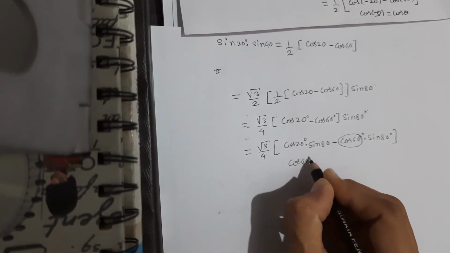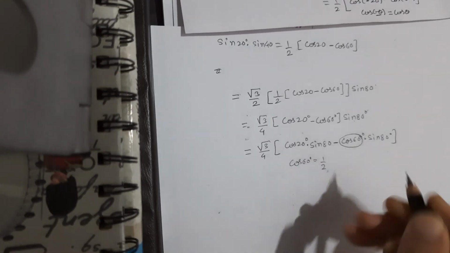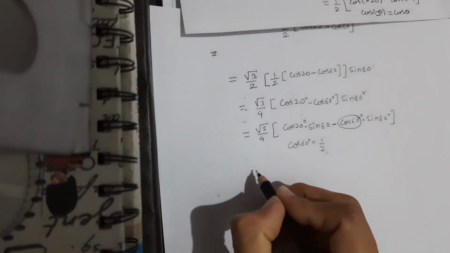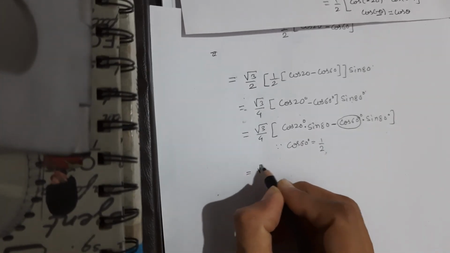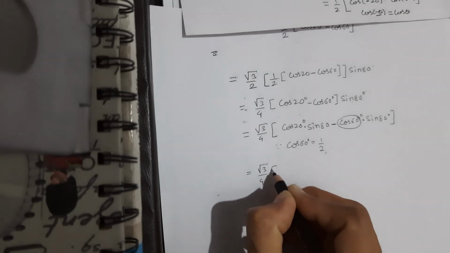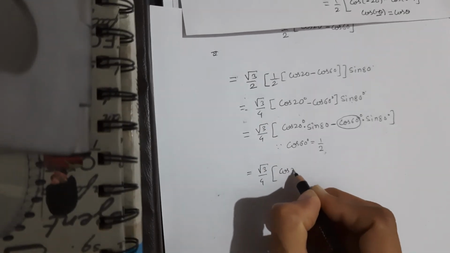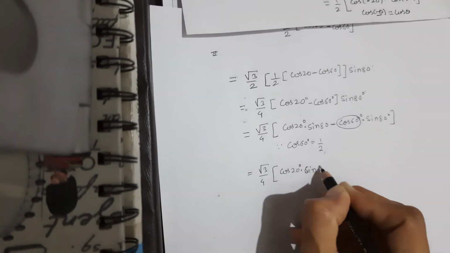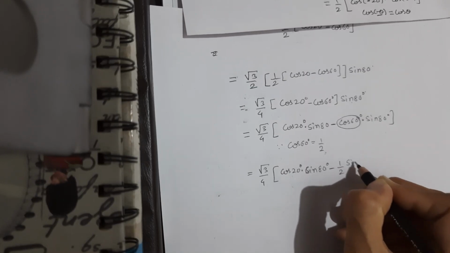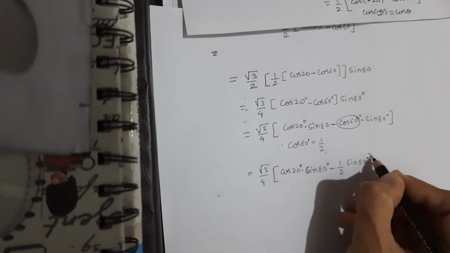So cos 60 is nothing but 1 by 2. I'm just substituting the value. Since cos 60 degrees equals 1 by 2, what will I get? Root 3 by 4 into cos 20 multiplied by sin 80 minus 1 by 2 into sin 80.